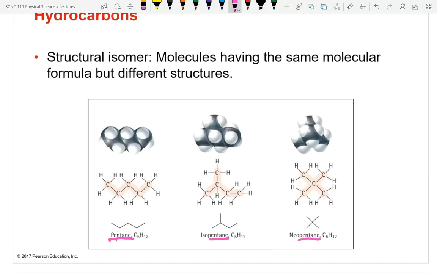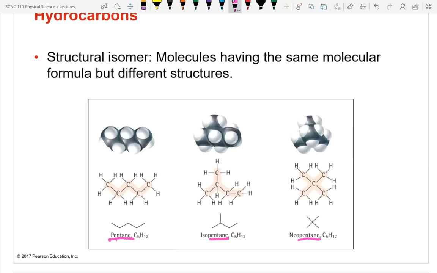But the first one, just called pentane, the carbons form a chain that's 5 members long. In the second one, isopentane, the second carbon atom has an extra carbon on it. And so the longest chain is only 4, and it has a carbon coming off of that second. So that's what isopentane is.